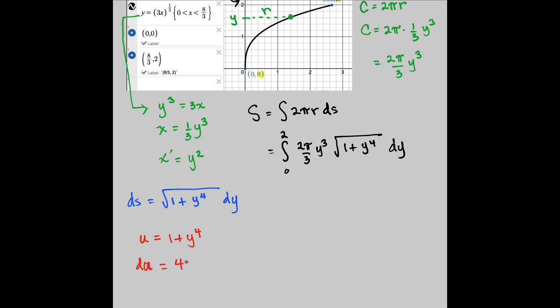So when we take this derivative, we get 4y cubed, and we will have a dy on the right-hand side. And if we isolate the y cubed dy, and I'm thinking of that because I see a y cubed dy right there, we can do a substitution. So we will have du over 4 is equal to y cubed dy.